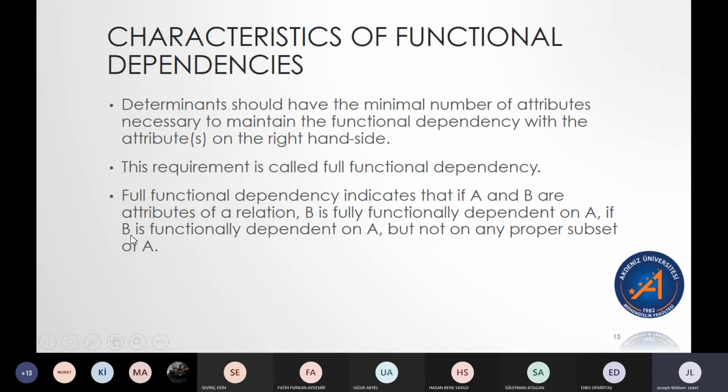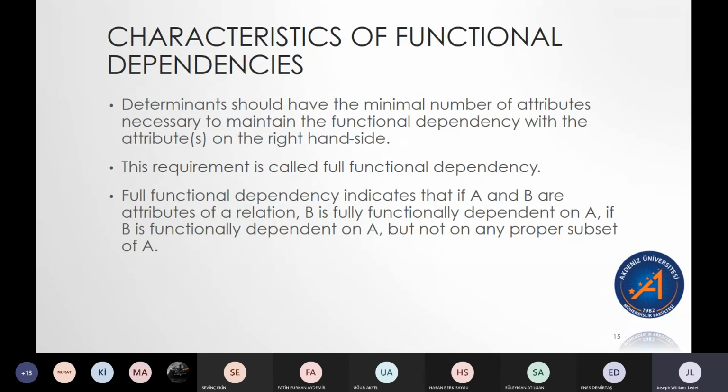But what it means is that all of the attributes in the set of B are functionally dependent on the combination of the attributes in the set of A. But not on any subset of A. So if A consists of 3 columns and some column in B is dependent on the 3 columns of A, but it's also dependent on just one of those columns too, then we would not say that B is fully functionally dependent on A. This I think is best explained through an example, and we'll get there in just a moment, right?